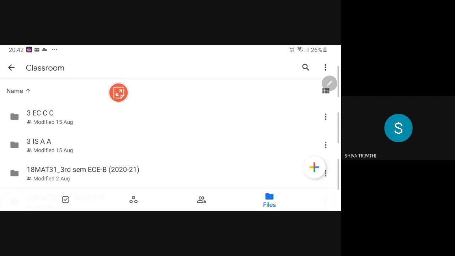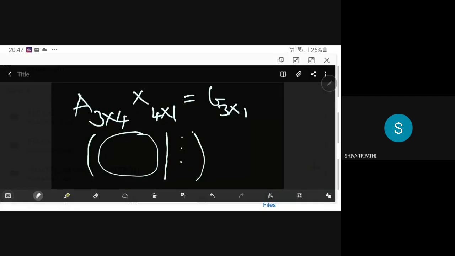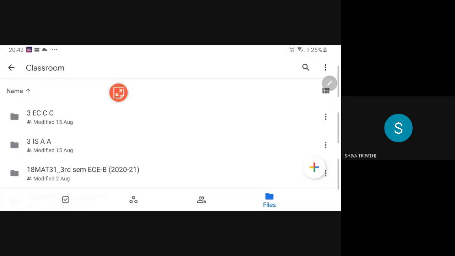For GATE preparation or any competitive exam, I suggest you go for Schaum series. If you are dealing with data structures, you can go, or computer organization, you can go for that. Even for mechanical engineering students, many books are available in the Schaum series brand.